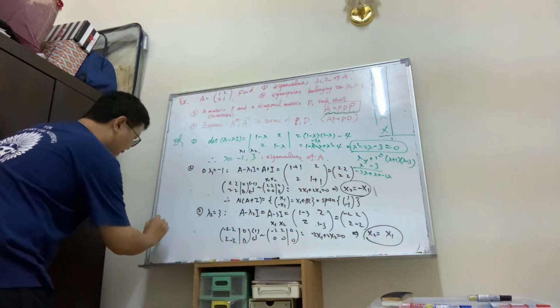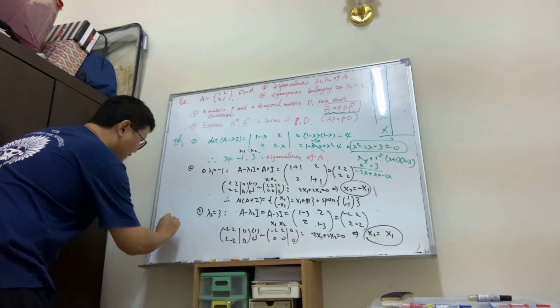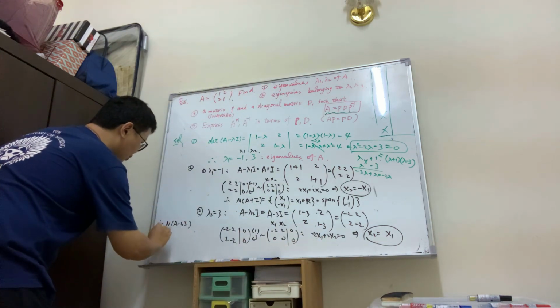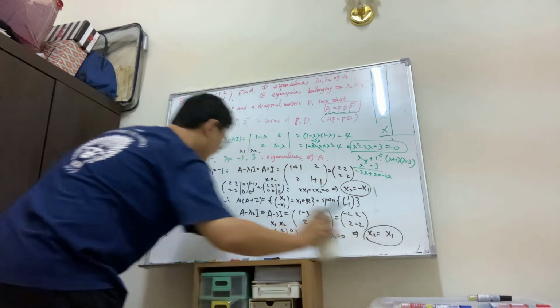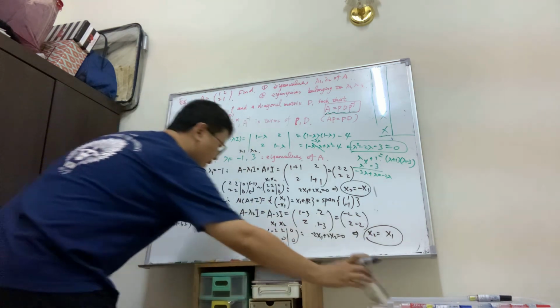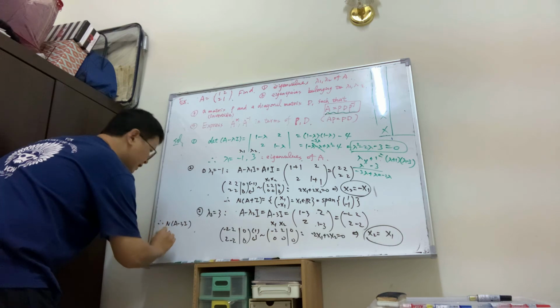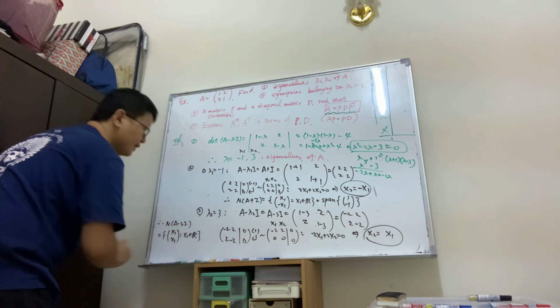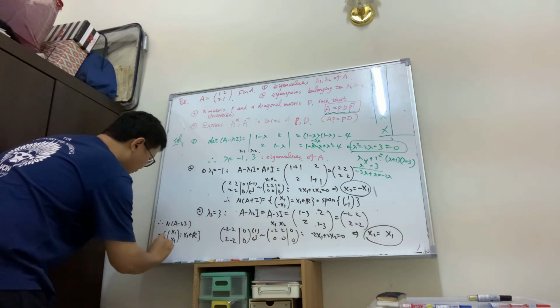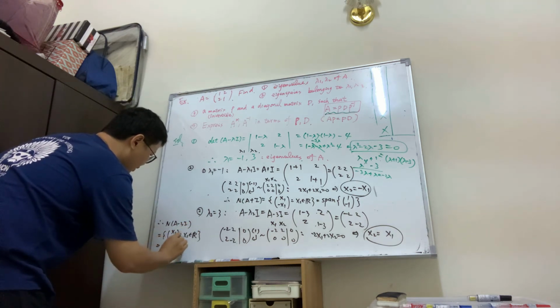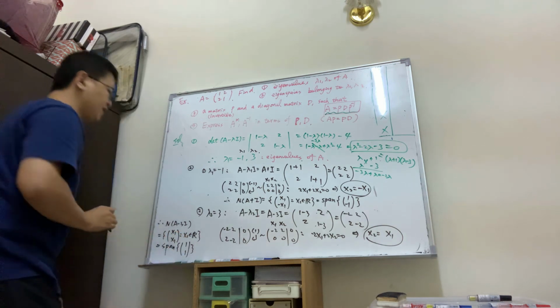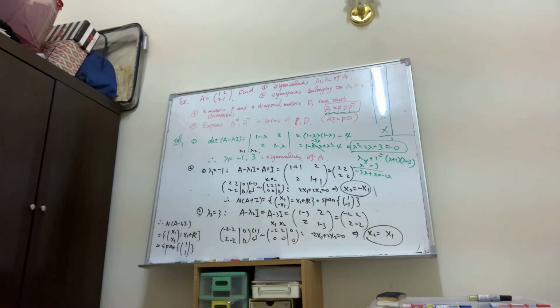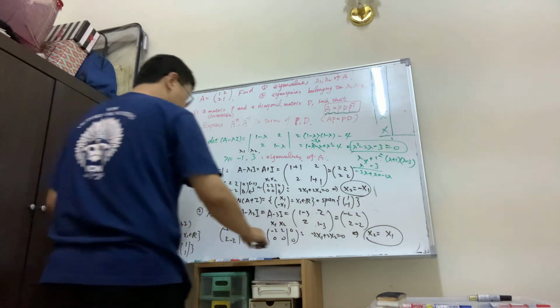What can we say? The null space of A subtract 3I is the solution set (x1, x2) with x2 equals x1, where x1 could be any real number. You could choose one vector as a spanning set: the span of (1, 1).